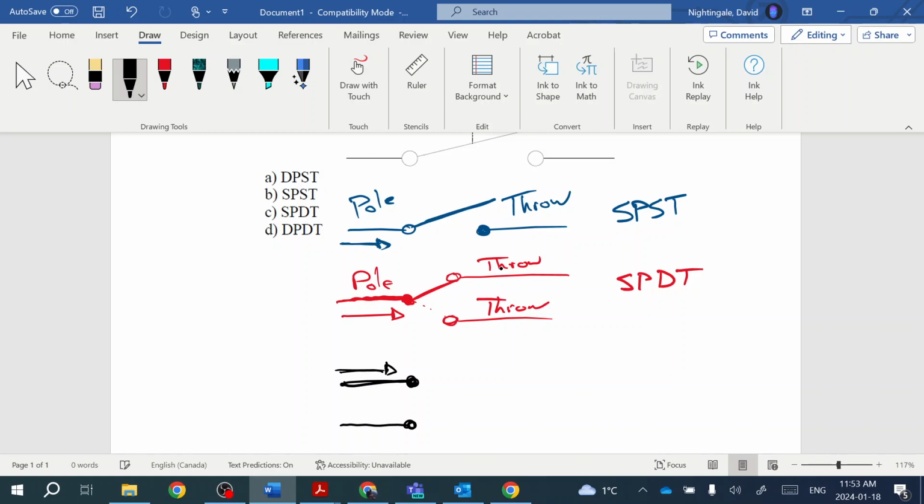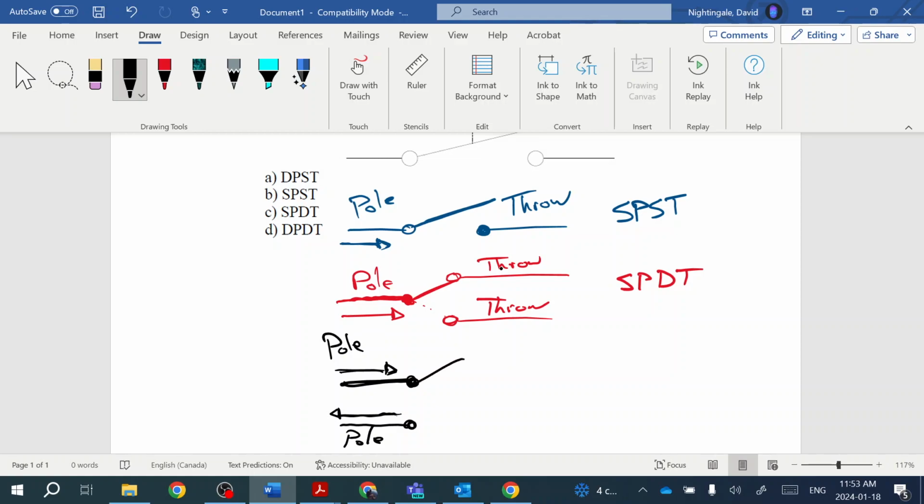In this case, one is going to be moving in that direction and one is going to be moving out, most likely. Not in all configurations of the switch, but typically in electrical, we would see that. We have two viable conductors going into the switch that current is going to travel on. So we have two poles. One pole, two pole.